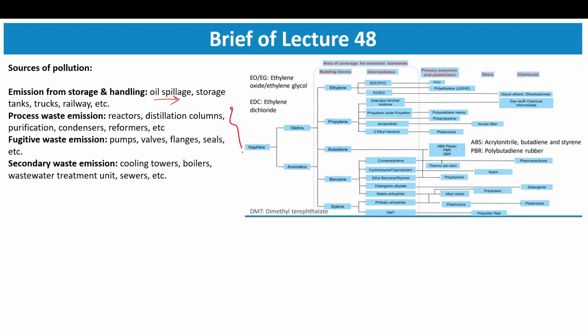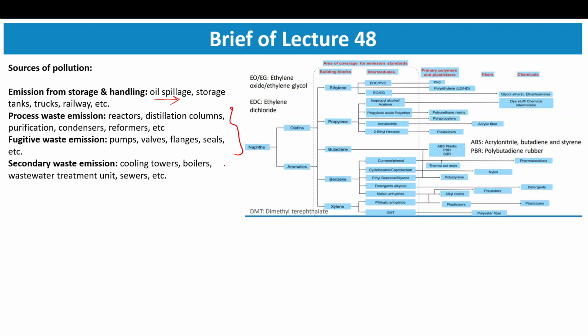Now, these are direct sources because they are directly related to the process. Secondary waste emission is from what is used in the industry. For example, boilers are used in industry to generate energy or steam, but that boiler is secondary equipment and not the main process in the industry.